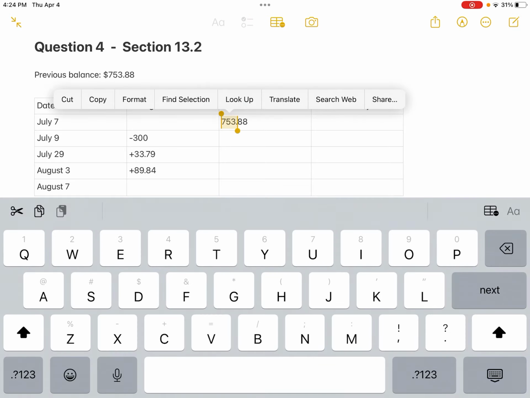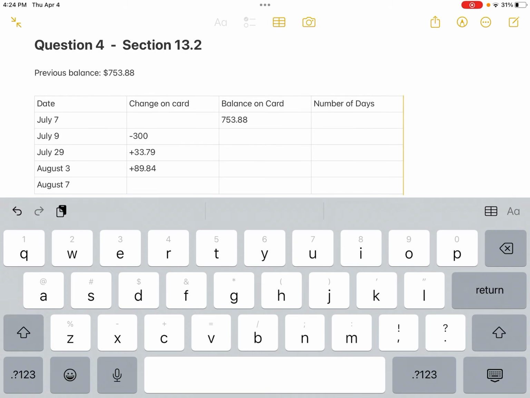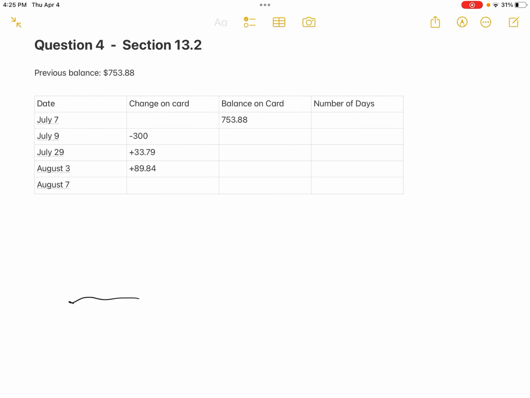The balance on the card when we start out. I'm using my pencil as a way to use a mouse, but it's not working up there. But 753.88 is the balance forward.